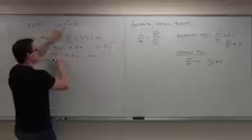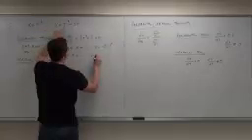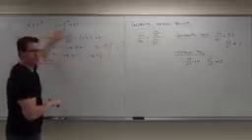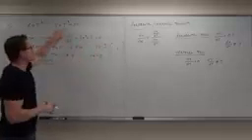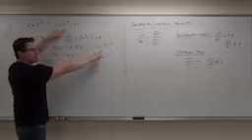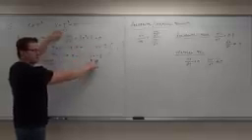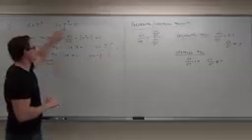When t is 1, y is what? No, the top one's 2. Let's make sure. When t is negative 1, how much is y? Is it 2? Okay. When t is 1, y is what? Negative 2. Wait. Negative 3. Okay, let's plug in some points together.